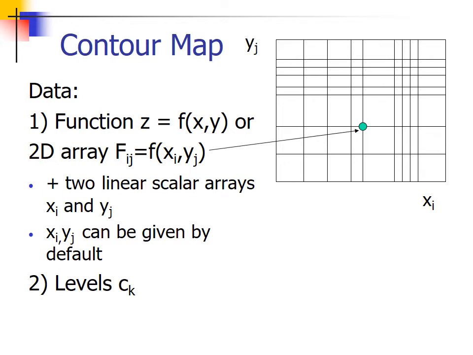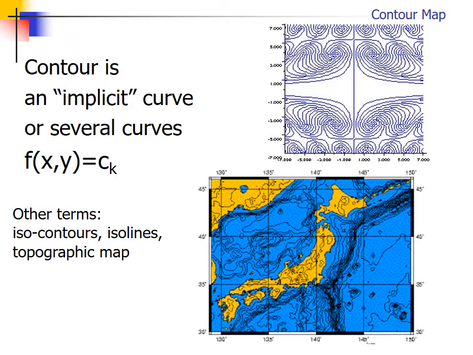Let's give a function f of two variables x and y, plus two linear scalar arrays xi and yi, and also constant levels ck. A contour line of a function of two variables is a curve along which the function has a constant value.